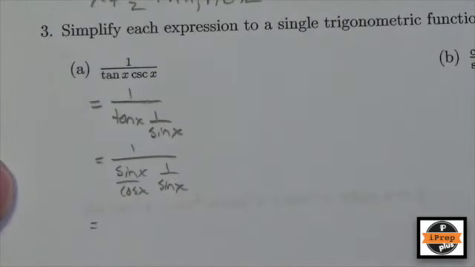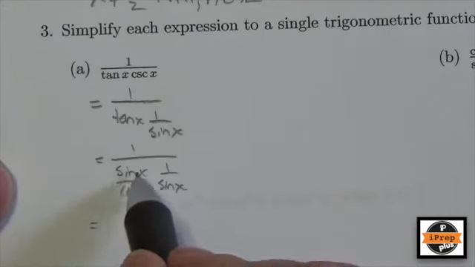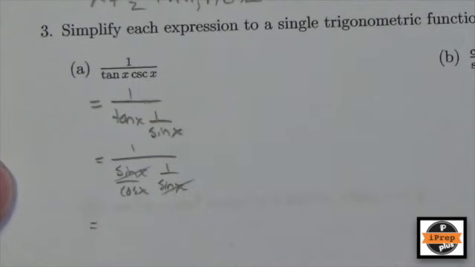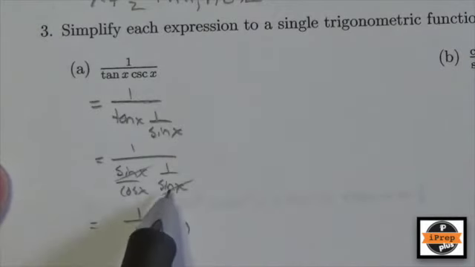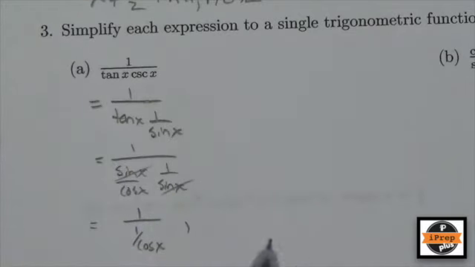And now, again, I look for any Pythagorean identities or whatever, but I also look for canceling here. And notice that I get the sine of x divided by the sine of x. And so this will become 1 over the cosine of x. However, I just canceled that sine out there.